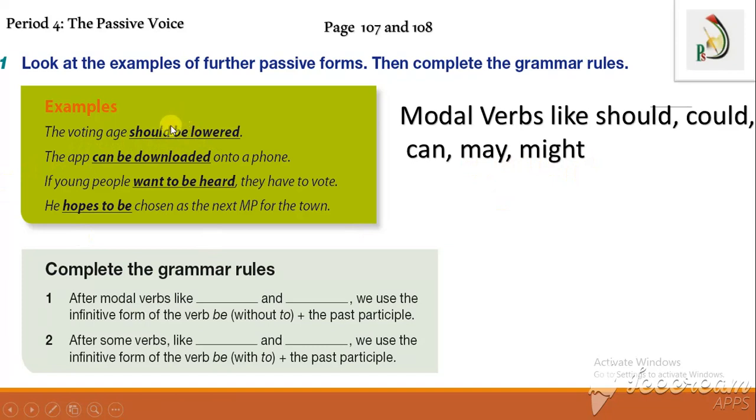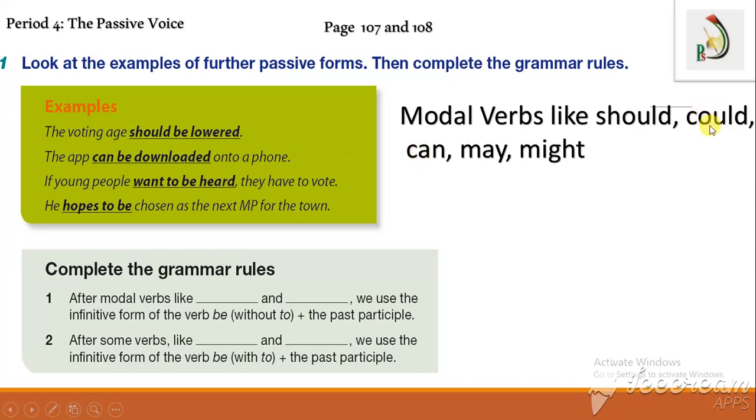I told you that we must add be in order to balance the modal verb with the past participle. We can't put the past participle with the modal verb because the modal verbs will go only for infinitive. For example, the voting age should lower.